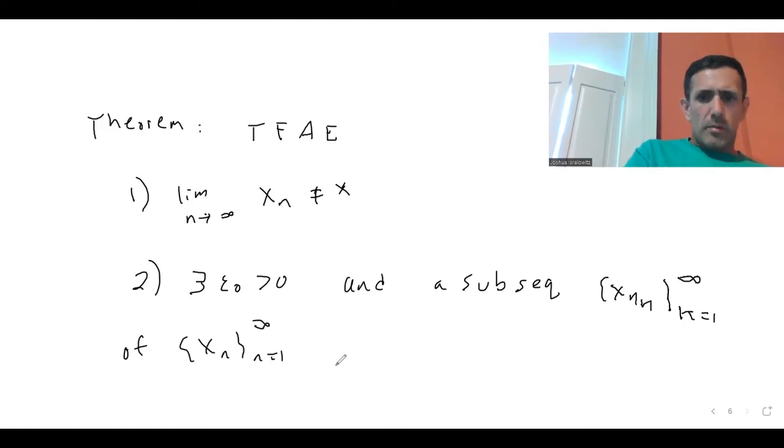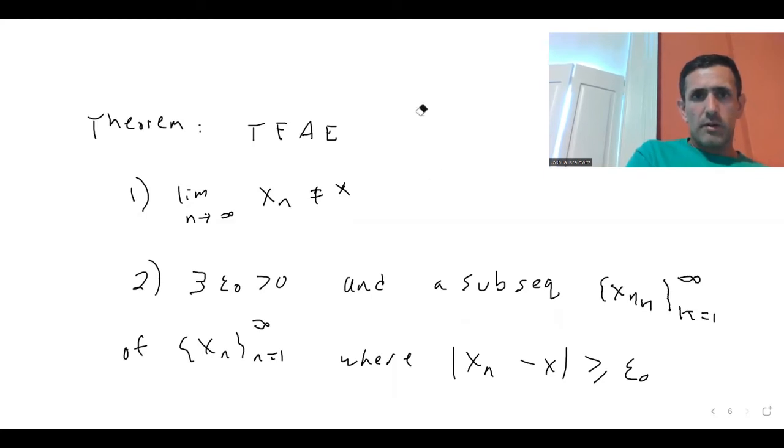There's a subsequence of my original sequence where xnk minus x in absolute value is bigger or equal to epsilon 0. All right, so let's do 1 implies 2.